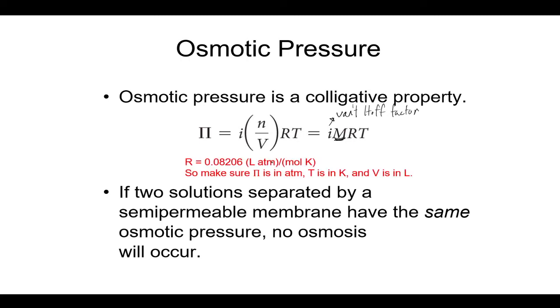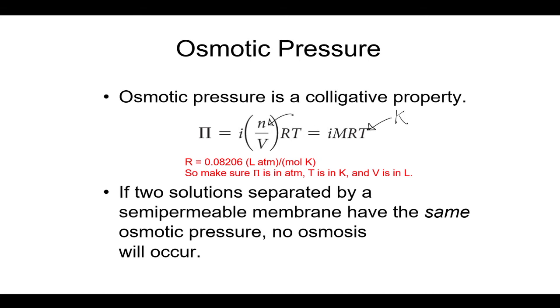Now, the R usually is going to be 0.08206. It depends on these units here, of course, but this is the one I use most often because most pressures are going to be measured in atmospheres and most volumes in liters in the science that I do. The temperature here is going to be Kelvin. But that's the units that we want, which means if you're using any of these formulas here, make sure your temperature is in Kelvin, right?